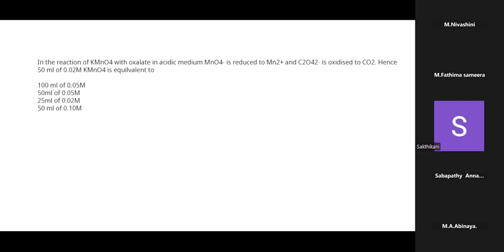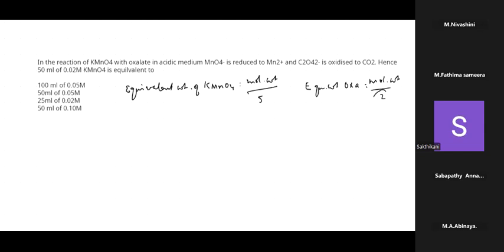Equivalent weight of KMnO4 is molecular weight by 5, whereas equivalent weight of oxalic acid is molecular weight by 2. Therefore, here the factor is 2, here the factor is 5.